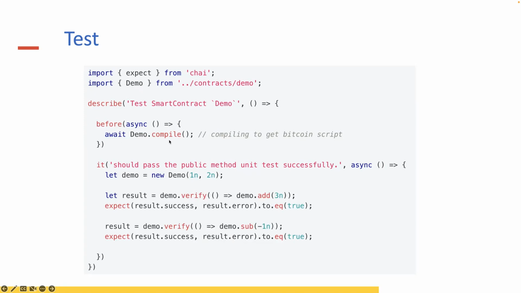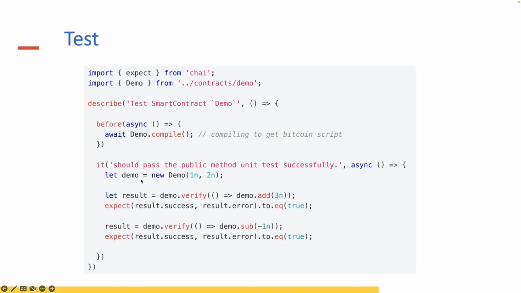As the name suggests, it's a one-time-only setup that compiles whatever smart contract you have, in this example the demo, internally down to so-called lowest level Bitcoin Script. But you don't have to know all the detail. Just remember, before you run any test, you run this one time as an initialization. You compile it once and then forget about it.